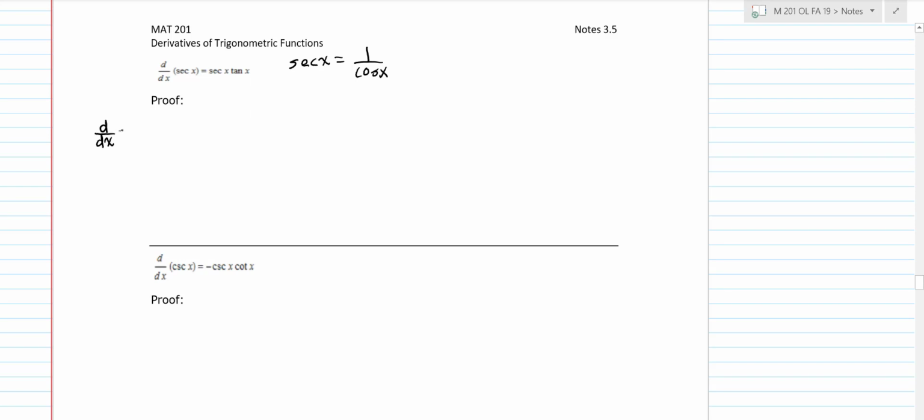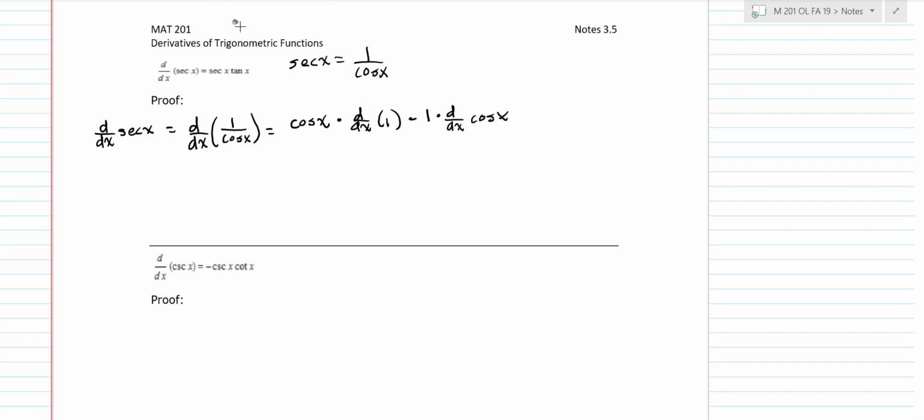All right, so I'll start the proof like this. We're going to do d dx of secant x. We're going to change that to the derivative of 1 over cosine x. And then we'll go ahead and do the quotient rule. So we do the bottom, cosine x, times the derivative of the top, which is 1, minus the top, which is 1, times the derivative of the bottom, the cosine x.